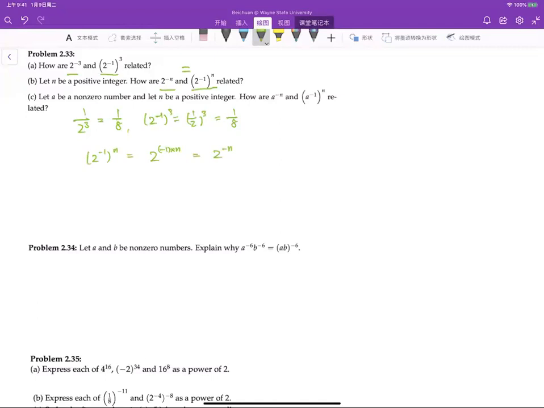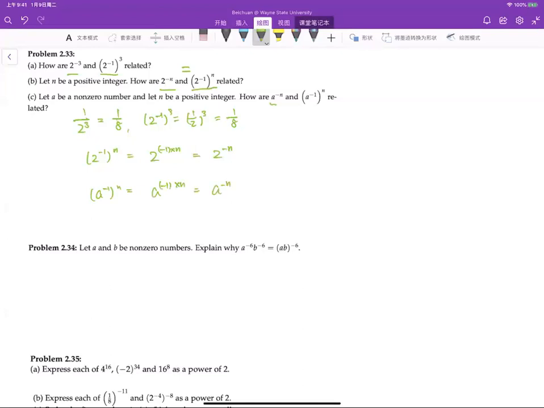Then this time we would like to generalize it further. So we like to see if this is true for any non-zero base A. So again, we just repeat this process. So that's equal to A to the negative 1 times n, which is A to the negative n.